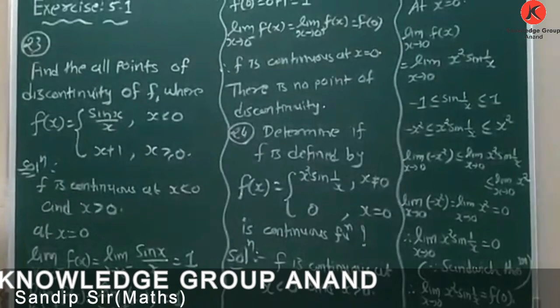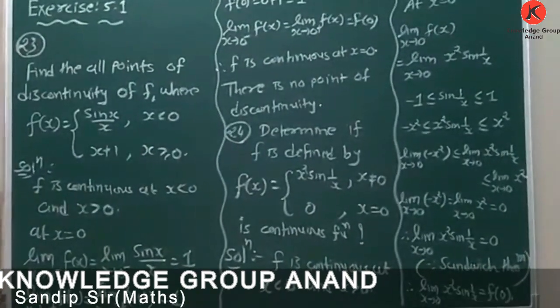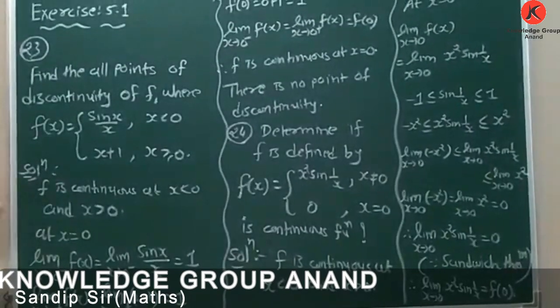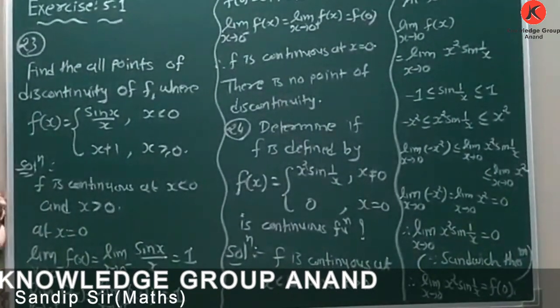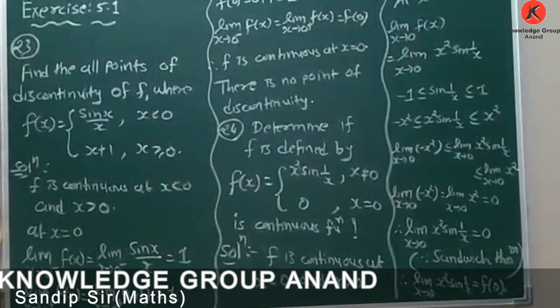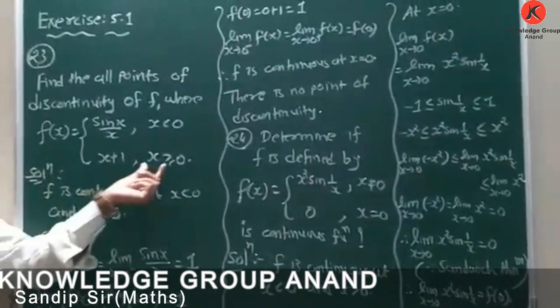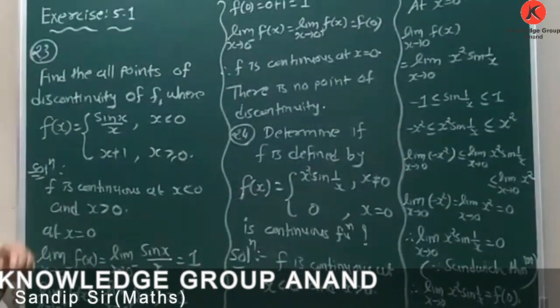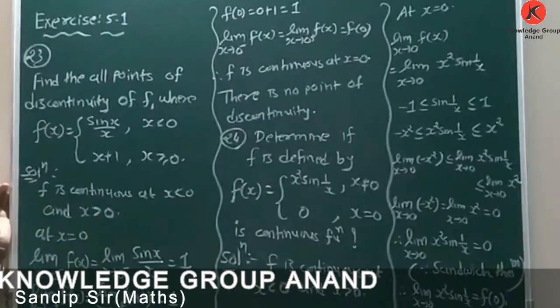Exercise 5.1, example number 23. Find all the points of discontinuity of f where f of x is equal to sin x upon x where x is less than 0, and x plus 1 where x is greater than or equal to 0. You have to find at which point the given function is discontinuous.